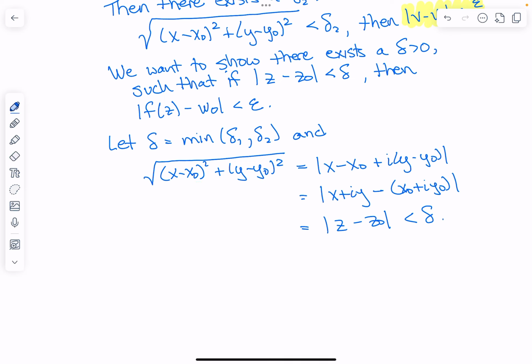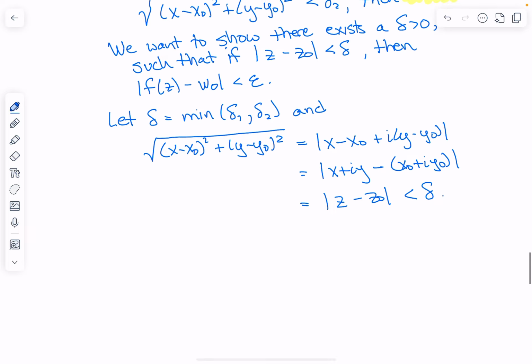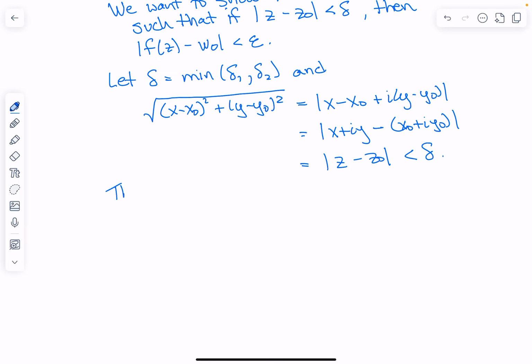So we're in the situation where the real limits exist, and u is close to u0 and v is close to v0. So when I look at the distance between f(z) and w0, well, f(z) is u plus iv, and w0 is u0 plus iv0. But I can rearrange this as (u minus u0) plus i times (v minus v0).